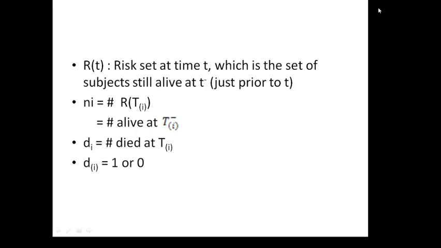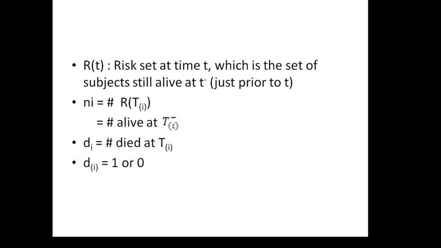So Di is nothing but the number of individuals who died at the specific time point t bracketed i. Di can take value 1 or 0. Actually there is no need of writing d bracketed i, just Di is enough. So Di can be 1 or Di can be 0.